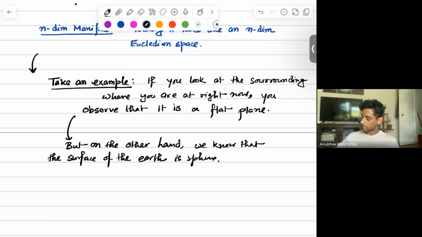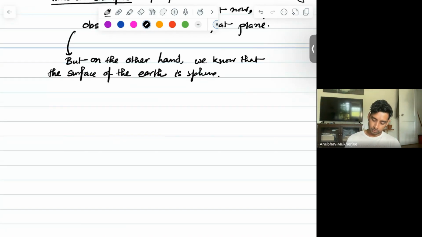So this is where the interesting question starts. How do we know that we are on a sphere and not just on a plane? How do we mathematically conclude this?